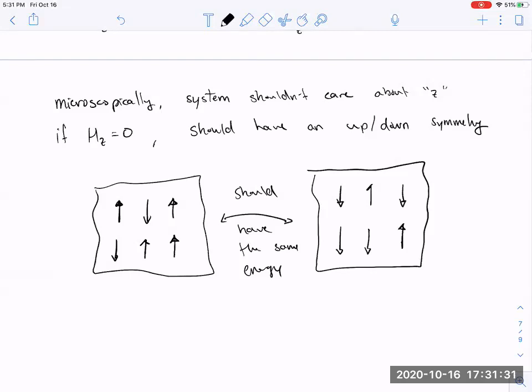So that should imply that those two configurations have equal weight, equal Boltzmann factors, will contribute equally to the partition function, because the partition function, after all, just depends on the energy.